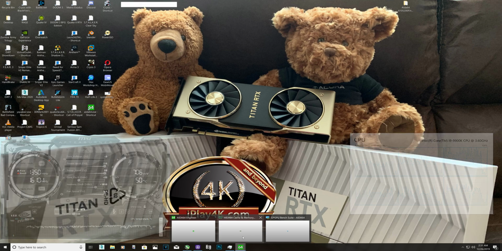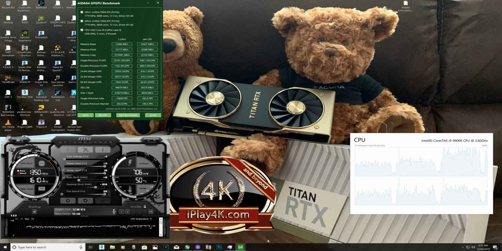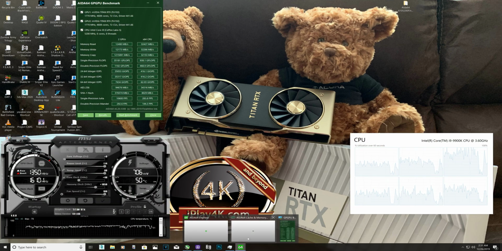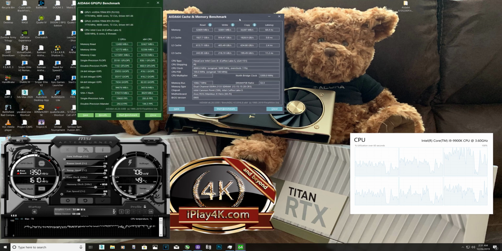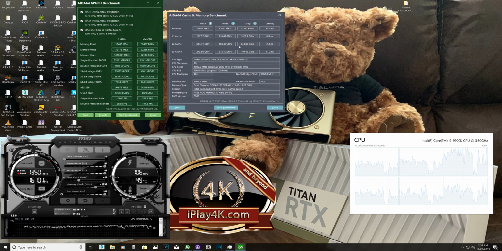Let me real quick show you the important factor of this GPU architecture, TU102, which is the Titan RTX. This is, by the way, my memory benchmark and GPU benchmark versus CPU benchmark under the x64 native machine code for the CPU.